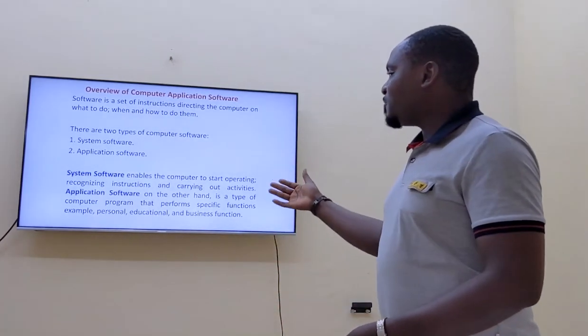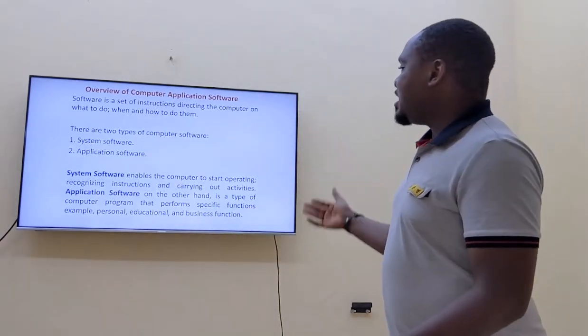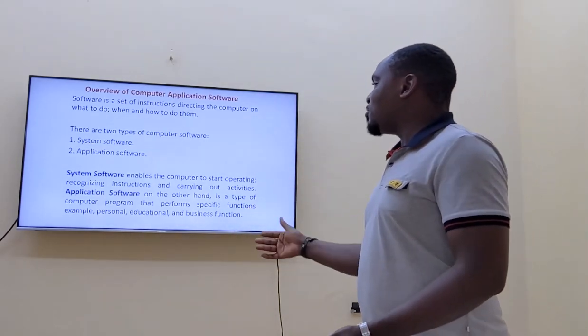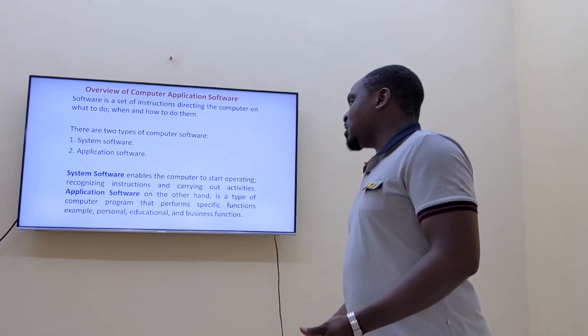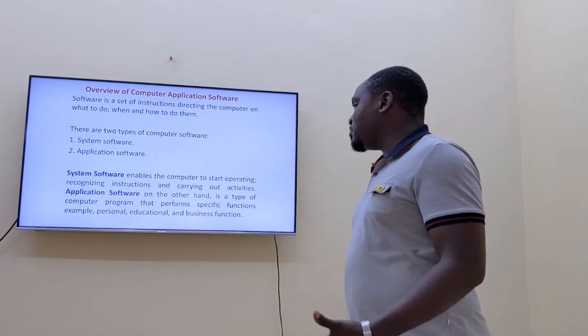Now, the application software, on the other hand, is a type of computer program that performs specific functions. For example, personal functions, educational functions, and business functions.